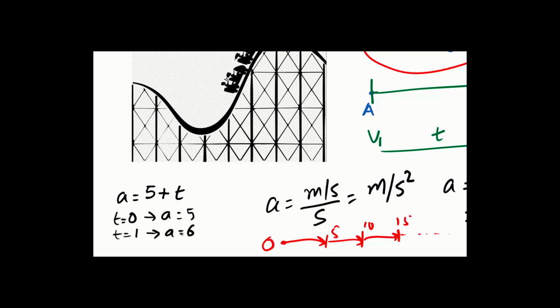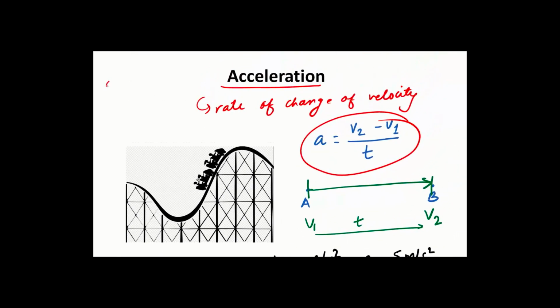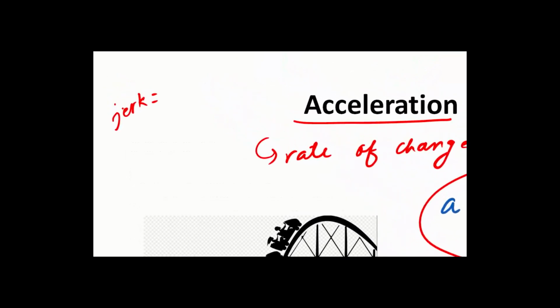So that can also happen. For that also we have defined a quantity, but that quantity is not useful, so we'll not go into that. I'll just give you a name of it. It's called jerk. So jerk would be rate of change of acceleration, that is change in acceleration over time, a2 minus a1 over time.